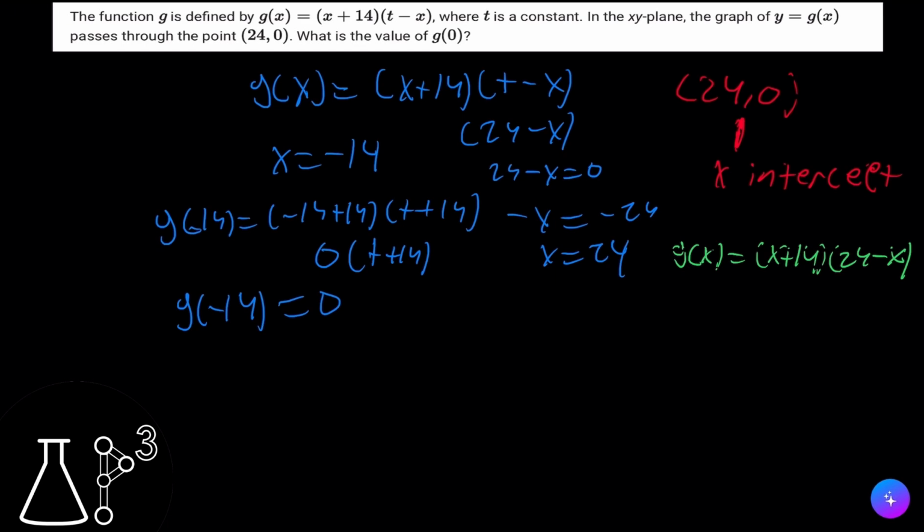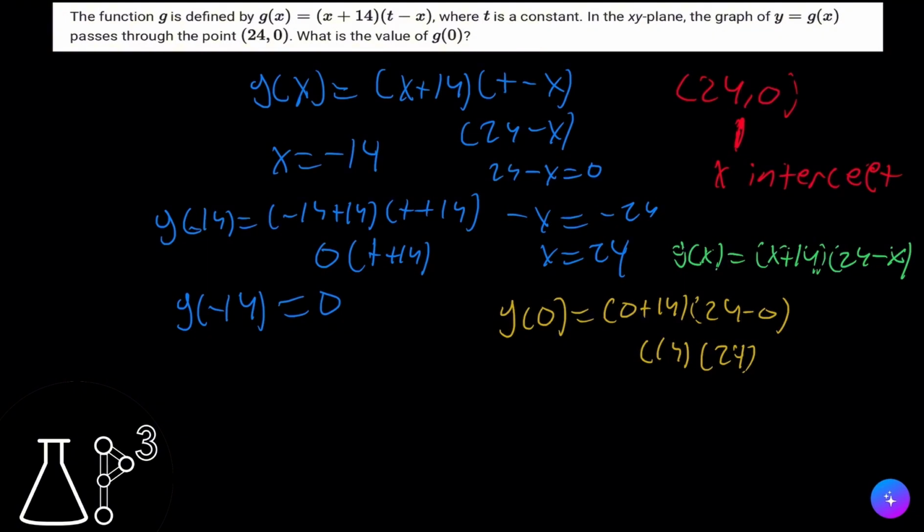So if I plug in g of 0, that equals 0 plus 14, and then 24 minus 0. So I'm just left with 14 multiplied by 24.